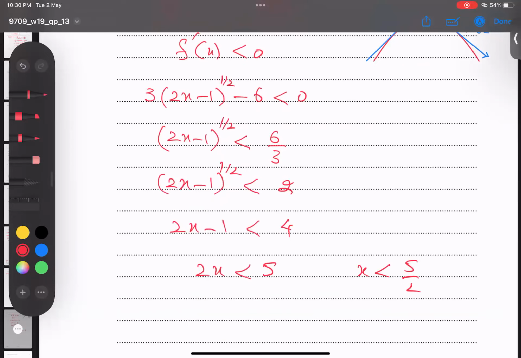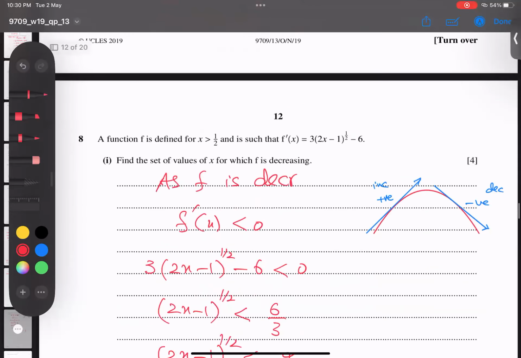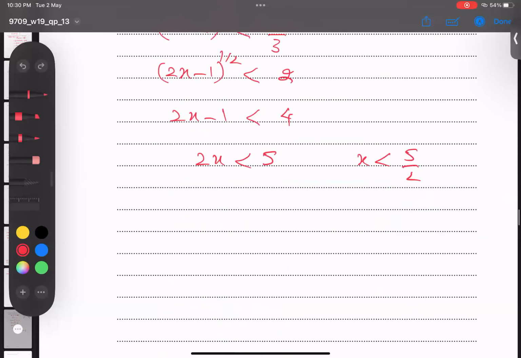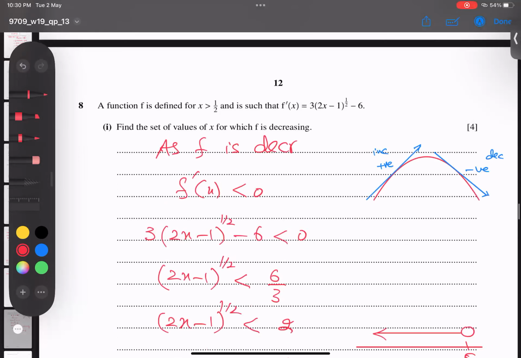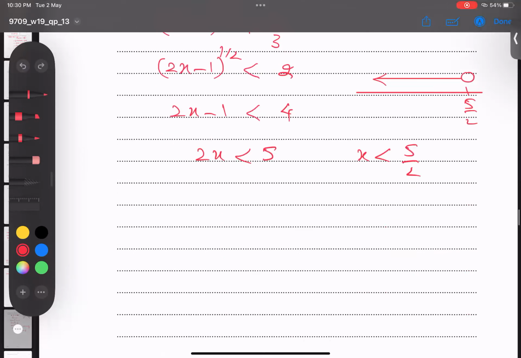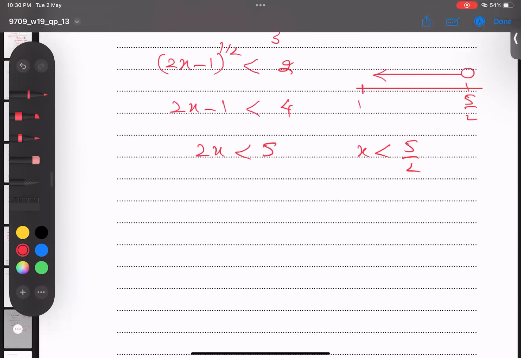5 over 2. But look here, one extra thing is given: x is bigger than half. So I am going from 5 by 2 and less, but the question is how long it will continue. At the same time, he said the x value should be bigger than half. It means there is a boundary, so we have to stop at this one.